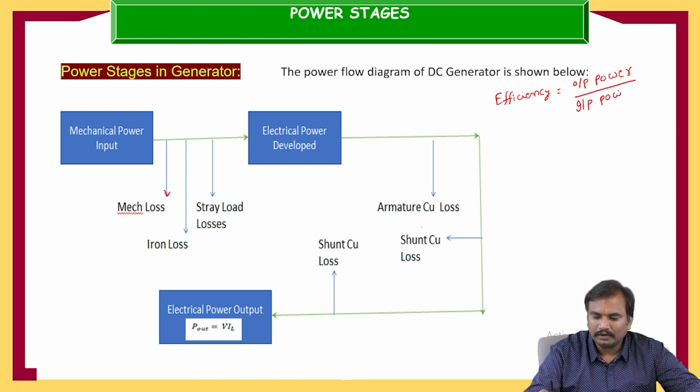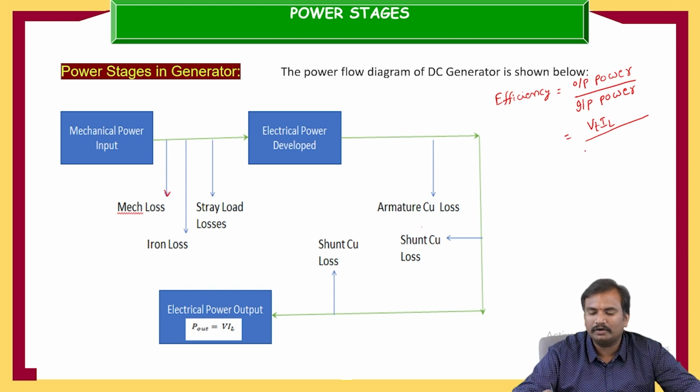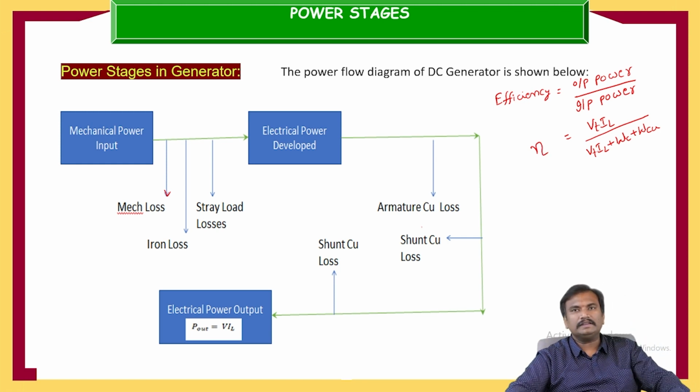What is the output power we are getting? Vt into IL. That is the output power. And in order to get the input power, what we have to do? We have to add all these losses, that is, constant loss and variable losses, so that we get the input power: Vt into IL plus WC plus WCU. WC is the constant loss, WCU is the variable loss. This is the efficiency of the DC generator.